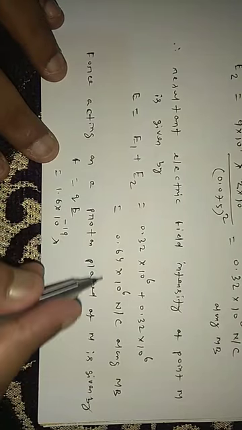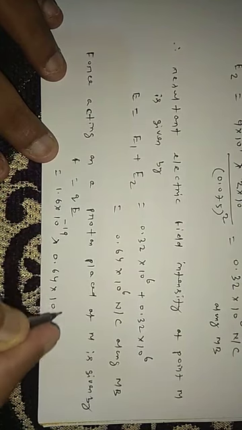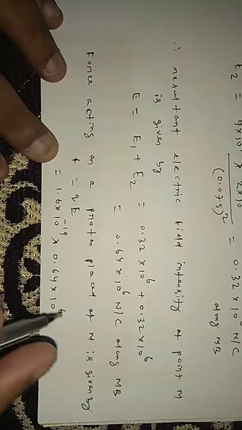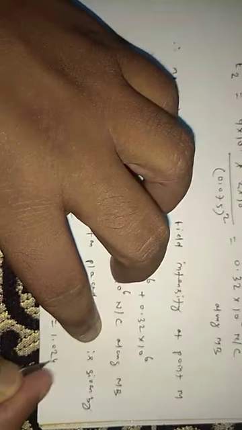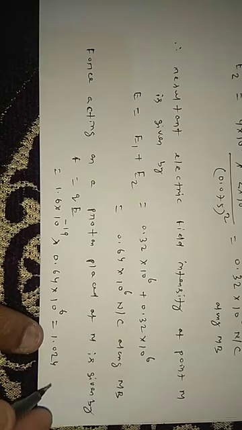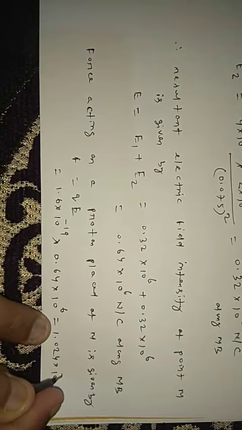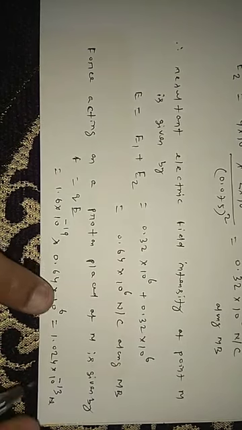E equal to 0.64 into 10 to the power 6. Okay. So this is equal to 1.024 into 10 to the power minus 13 Newton along MB.